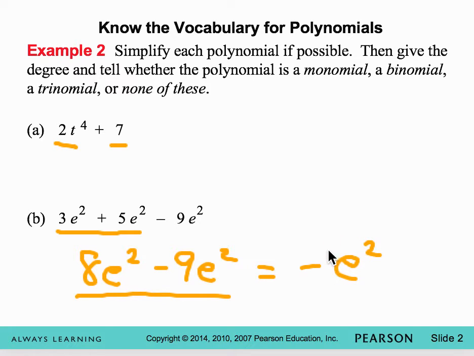And remember, if there's a 1 there, we don't really have to put it. So now this is a 2nd degree polynomial, and more specifically, it's a monomial because it has 1 term. The coefficient is negative 1 because if there's not a numeral written, it's understood to be a 1.